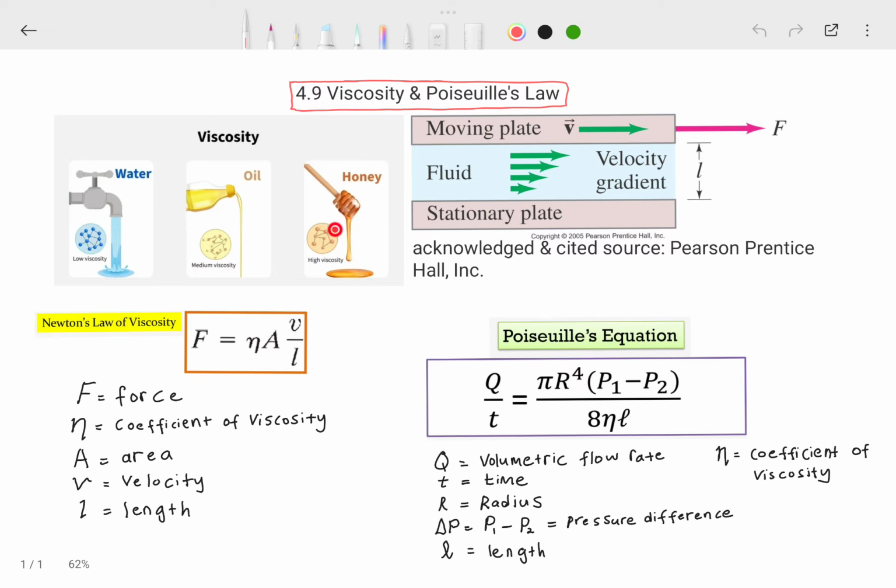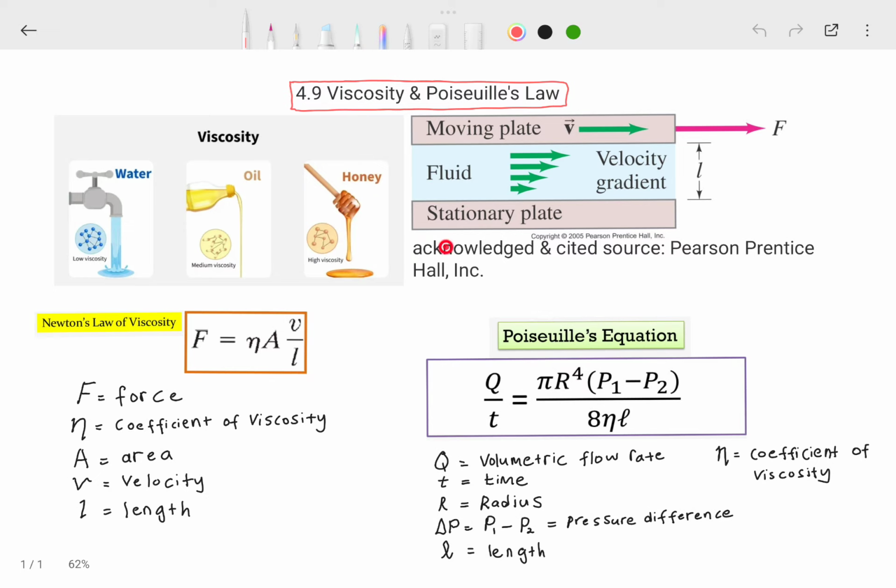The viscosity can be measured using this equation, Newton's law of viscosity, which is F, force, equal to the coefficient of viscosity multiplied by A, area, multiplied by V, velocity, divided by length.